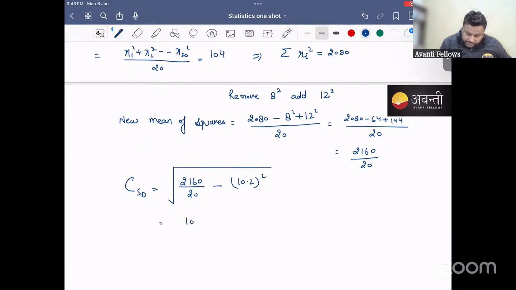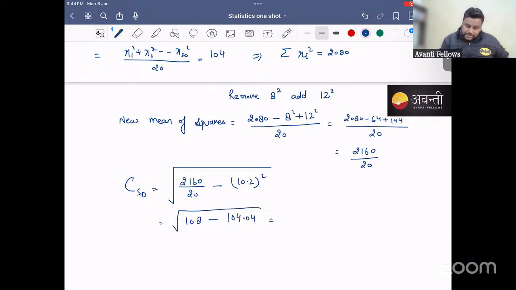So it is 108, 0 cancels, 108 minus 10.2 square. 10.2 square is 10.2 into 10.2, which is 104.04, and under root of it.